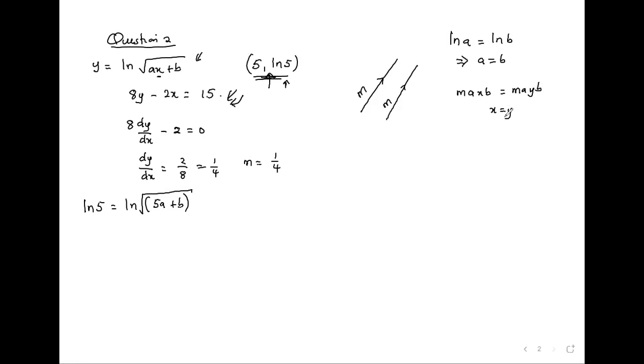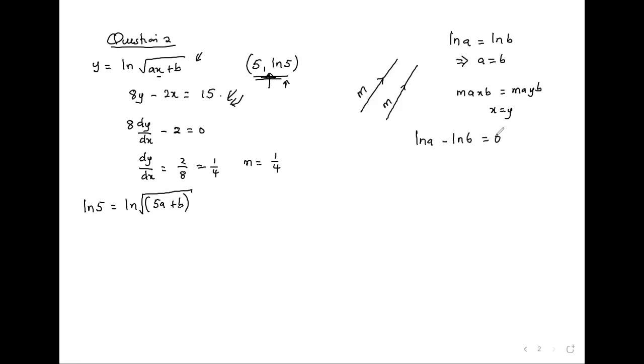That's the only way two things can be equal. So if you have ln A is equal to ln B, it automatically means that A is equal to B. Properties of logarithms. Why? Mathematically, ln A, you bring ln B to the other side, you get 0.